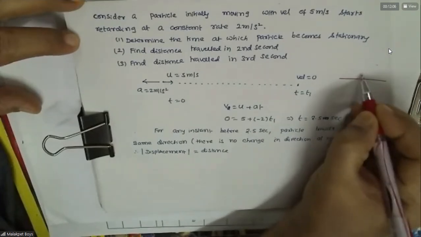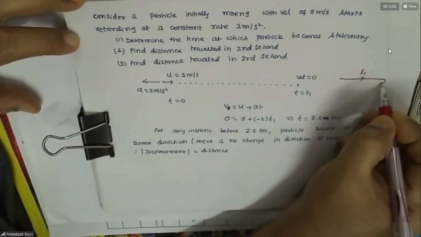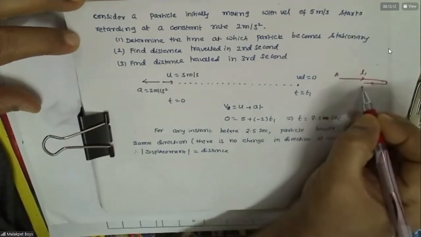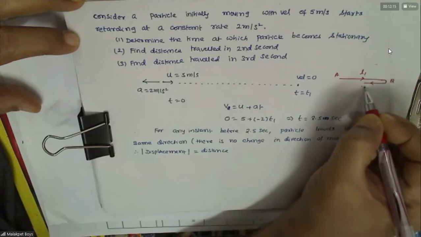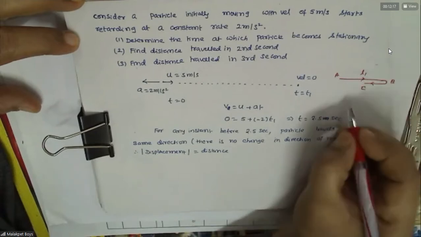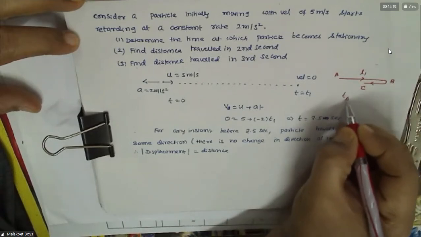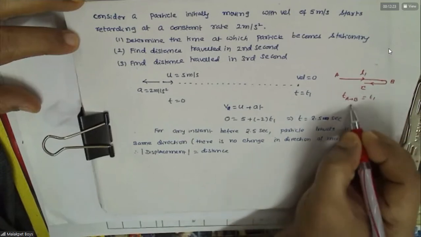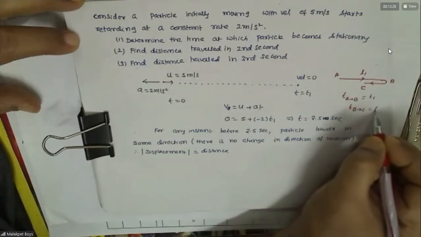So this is like this, say L1. It turns like this. Say the time from A to B is T1. Time from B to C is T2.